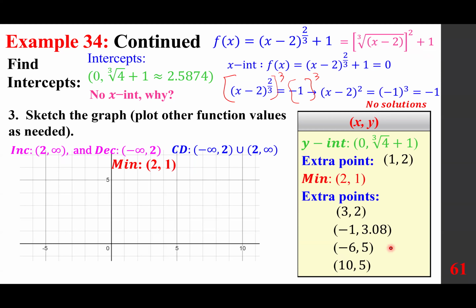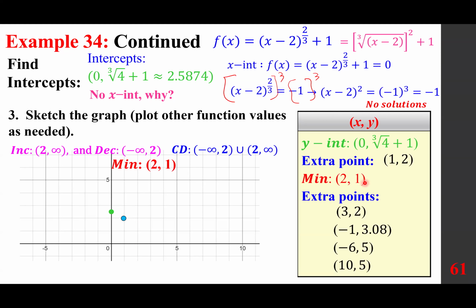So now let's plot those points that we have. We start with the very first point, everybody. The first point, cube root of 4 plus 1, is about 2.6, let's say this is 1, 2, 2.6, somewhere here. This one is (1, 2).